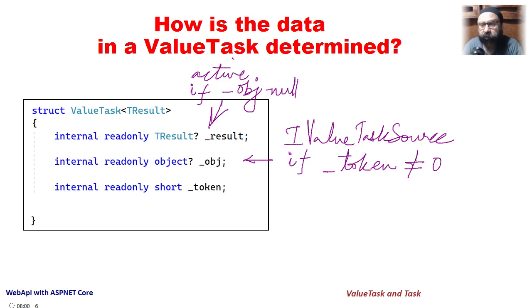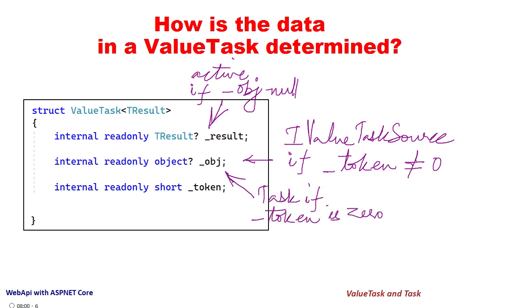If it is non-zero, then _obj contains an IValueTaskSource and _token contains a token associated with it. So a non-zero token means that _obj is storing an IValueTaskSource, and if this _token is 0, then _obj contains a Task. So these are the rules that determine which is the active data member.